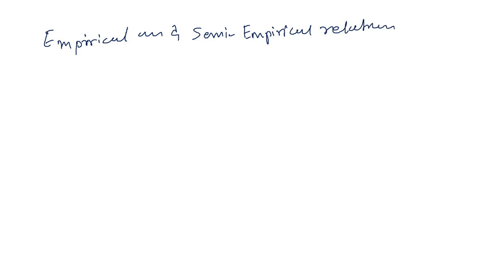In the literature you will find many empirical and semi-empirical relations. These are called the laws of comminution.